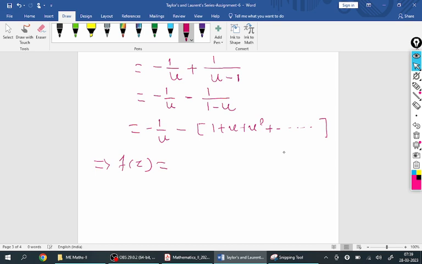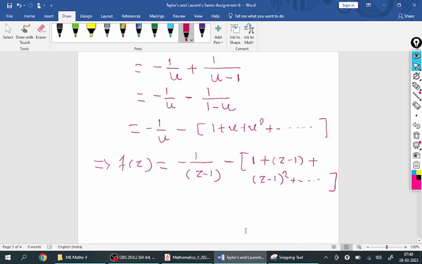So f of z will become minus 1 upon z minus 1, minus 1 plus z minus 1 plus z minus 1 bracket square plus so on. And that is the required Laurent series again, because at least one negative power of z minus 1 appeared there, and this becomes the required Laurent series for 0 less than mod z minus 1 less than 1.